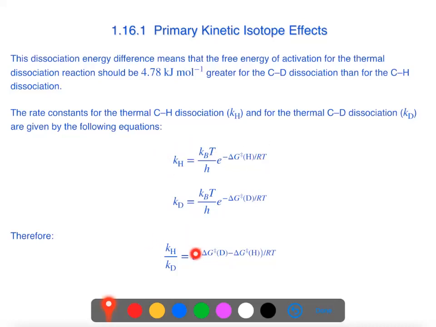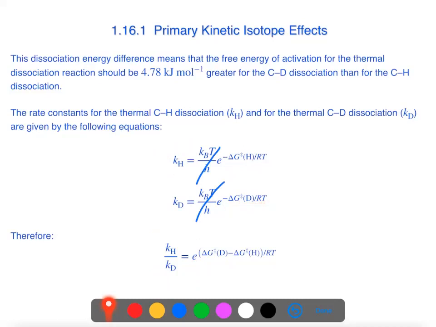So if we take the ratio, we have KH over KD. These two terms are going to cancel, and we're left with a subtraction of the exponents. So we have a minus delta G of activation for the CH bond over RT, minus a minus, which is a plus, delta G double dagger for the CD bond over RT.